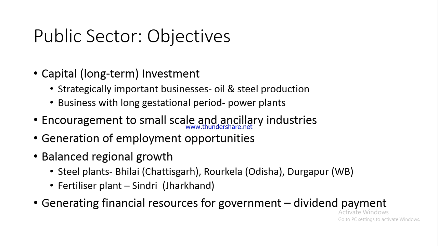In case the government's ownership is more than 51%, let's say it is 85%, then 85% of the dividend would go to the government, and this would increase the government's earnings. This way the government would be able to increase its revenues through dividend payments from the public sector enterprises. So this is another objective which has been set for the public sector enterprises.